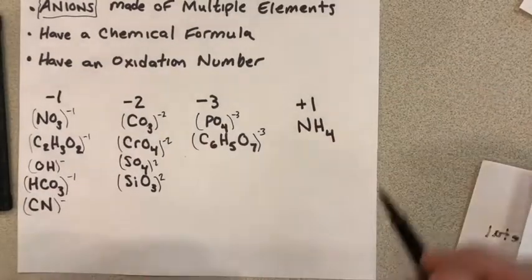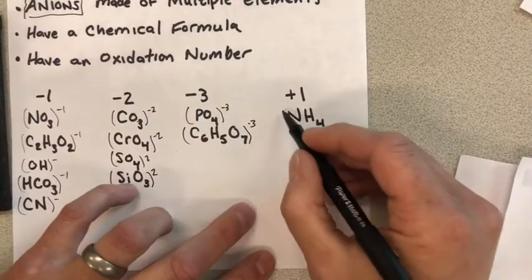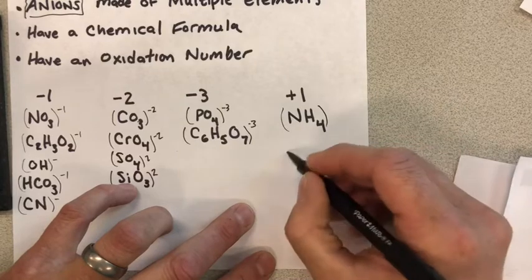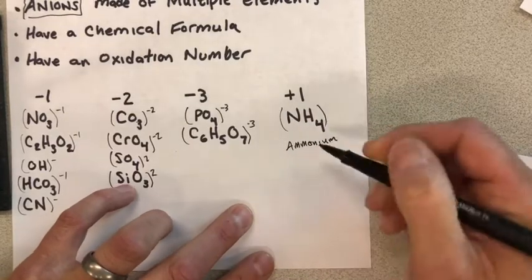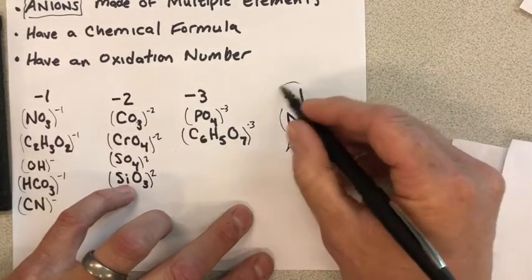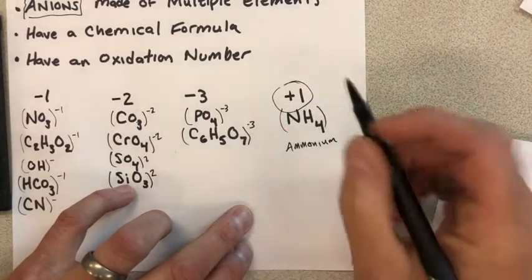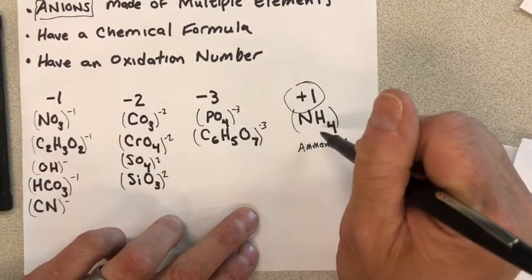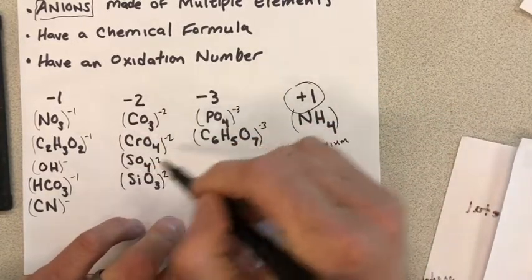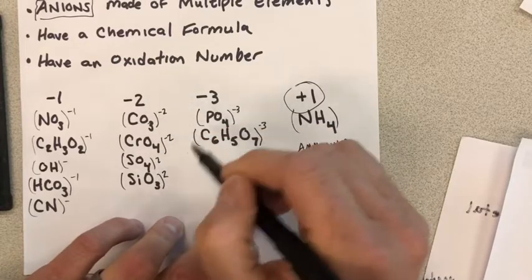Now, the one oddball that you're gonna run into is this guy called ammonium. And ammonium is a polyatomic ion with a +1 oxidation state. And that's different because it's gonna be at the front of a chemical formula instead of at the rear of a chemical formula like these negatives would be.